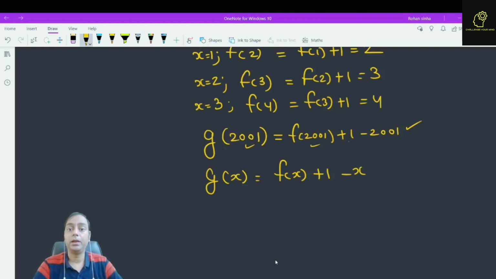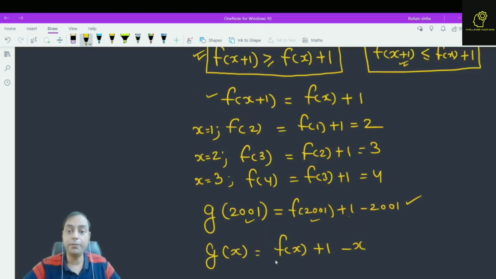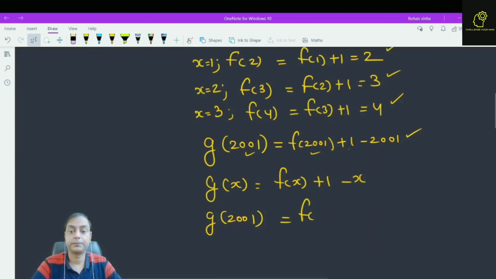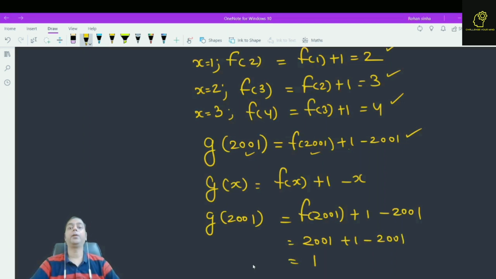From here, we find f(1) = 1, f(2) = 2, f(3) = 3, f(4) = 4, and in this way f(2001) is equal to 2001. So this is 2001 + 1 - 2001, and the answer is equal to 1.